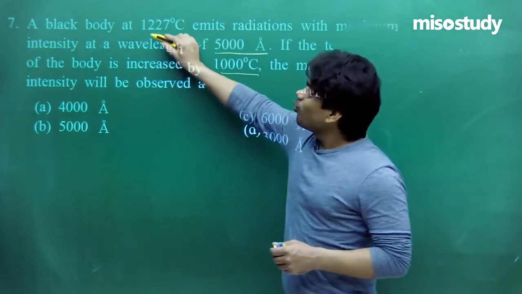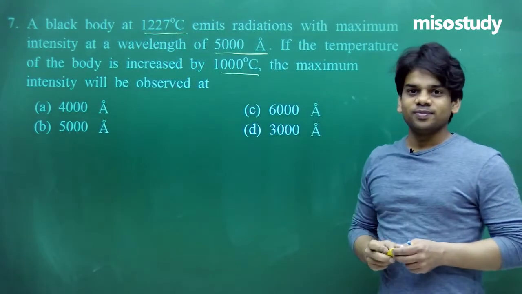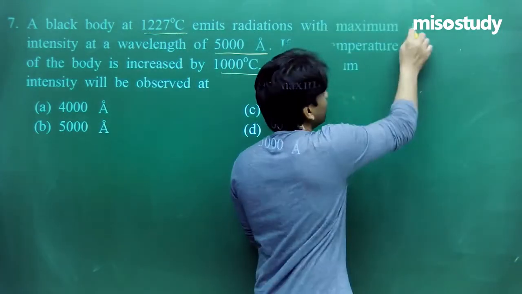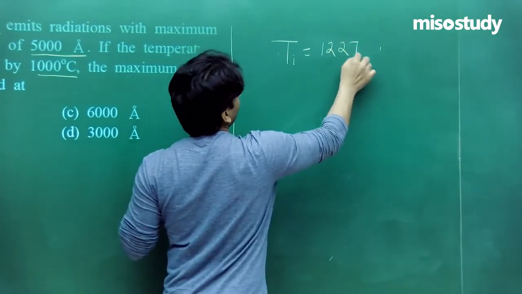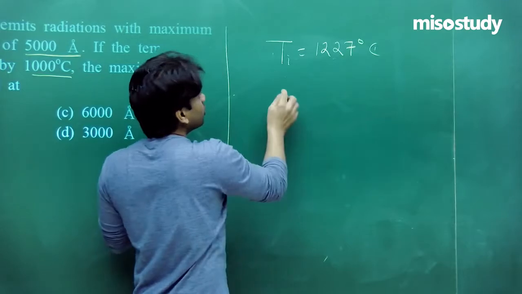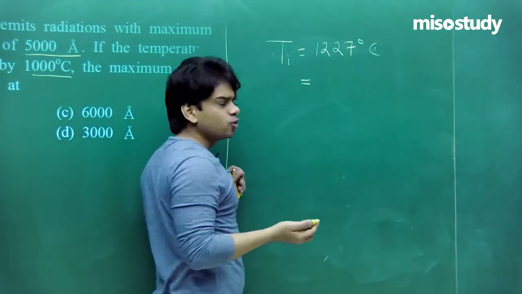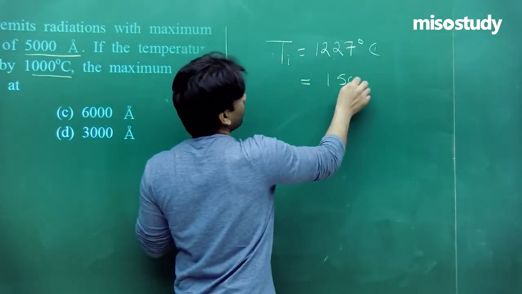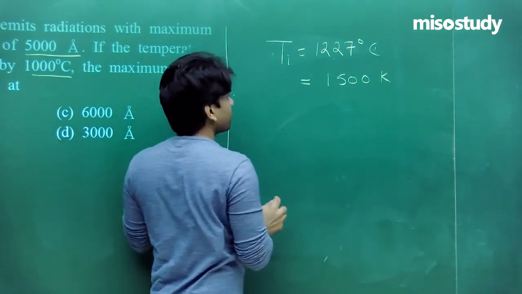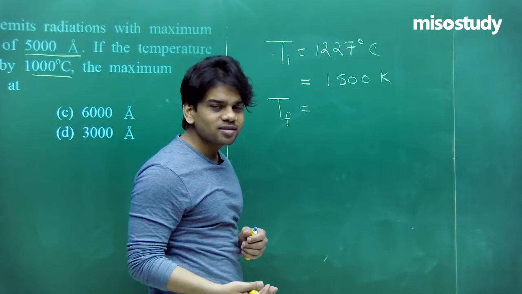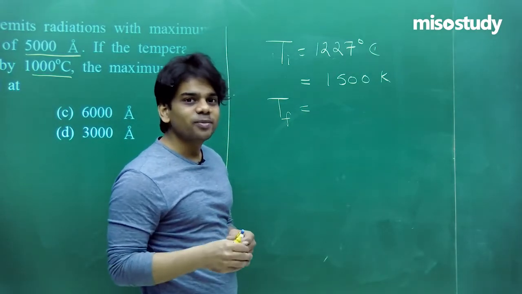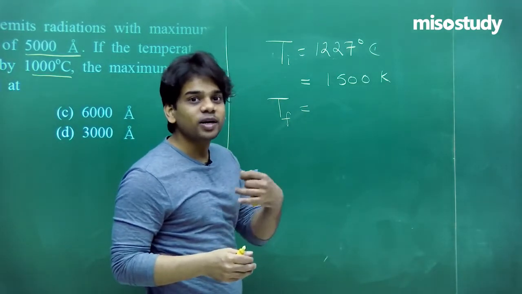Black body at 1227 degrees Celsius. So the initial temperature is 1227 degrees Celsius. If I convert it into kelvins, this will be 1500 Kelvin. The final temperature is increased by 1000 degrees Celsius, so in kelvins also it will be increased by 1000 Kelvin.